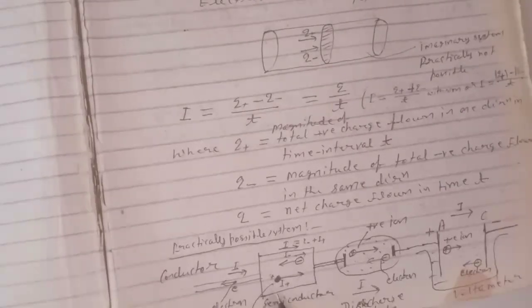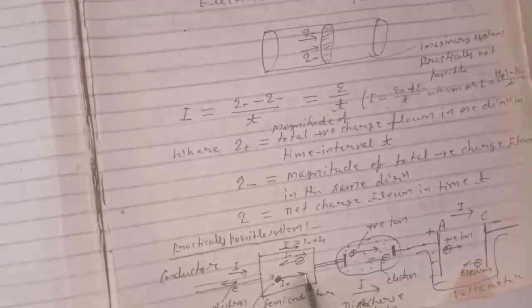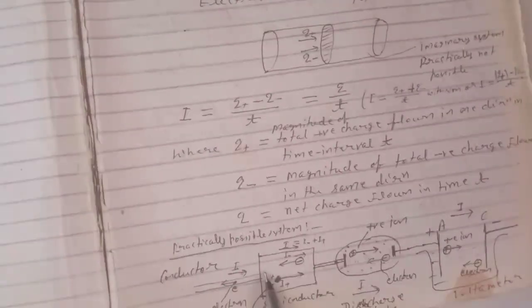Here a semiconductor is shown. In a semiconductor, current is due to both electron flow and hole flow. For example, holes flow in this direction and electrons flow in this direction. Current due to electrons is in this direction and current due to holes is in this direction. So I will be I plus plus I minus.